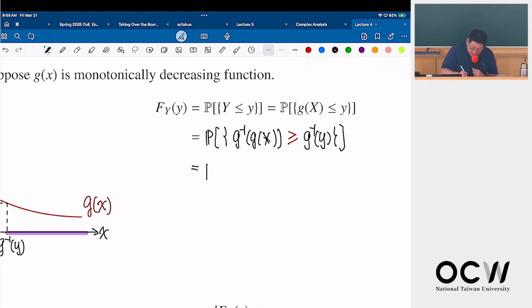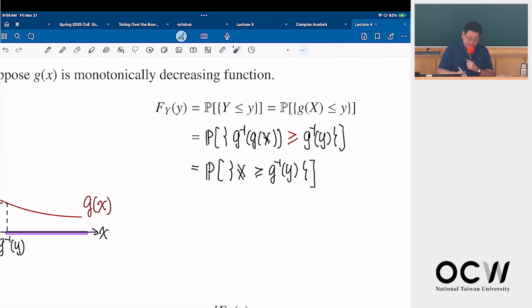Left hand side, that is your random variable x. It should be greater than or equal to g inverse of y. Well, now I still have a probability. This probability is x greater than or equal to something, not x less than or equal to something.